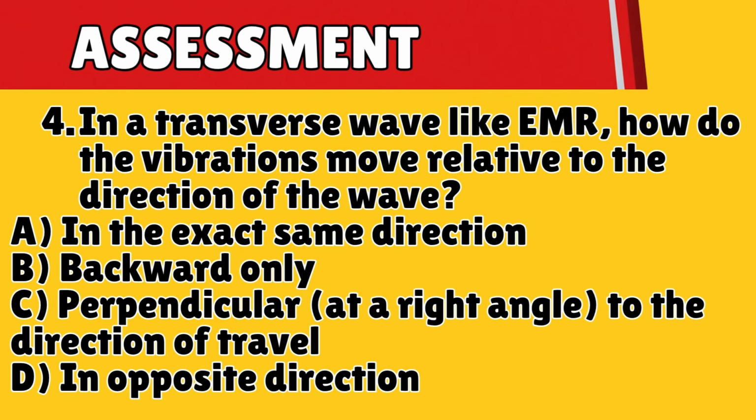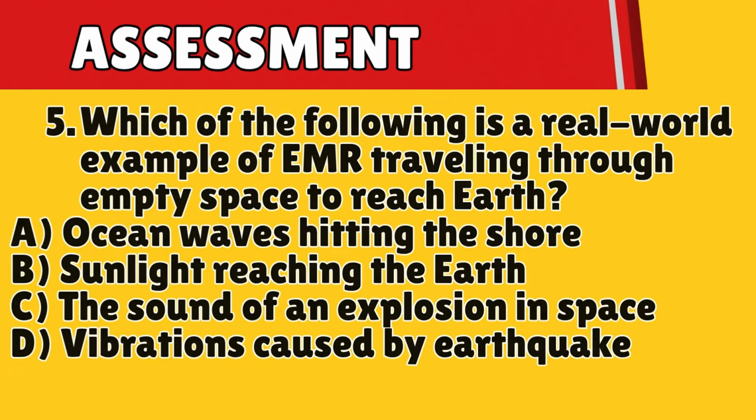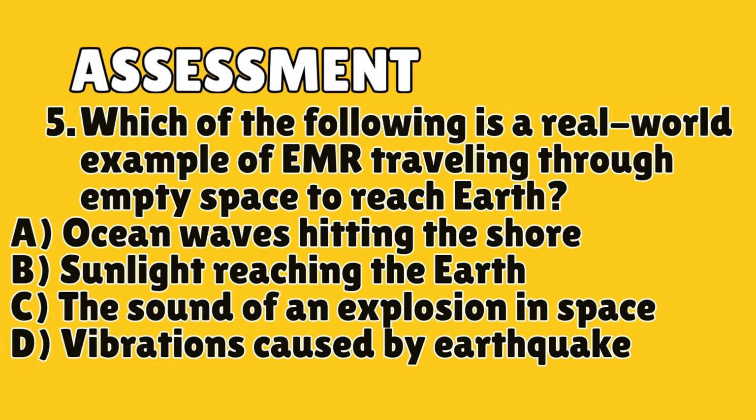C. Perpendicular or at a right angle to the direction of travel. Or D. In opposite direction. Number 5. Which of the following is a real-world example of EMR traveling through empty space to reach Earth? A. Ocean waves hitting the shore. B. Sunlight reaching the Earth. C. The sound of an explosion in space. Or D. Vibrations caused by an earthquake.